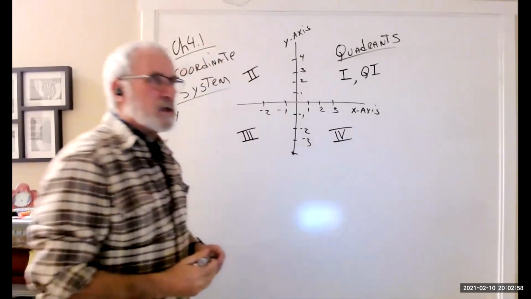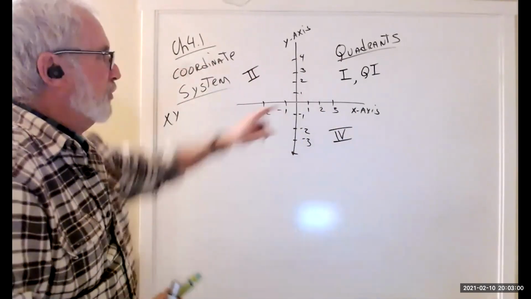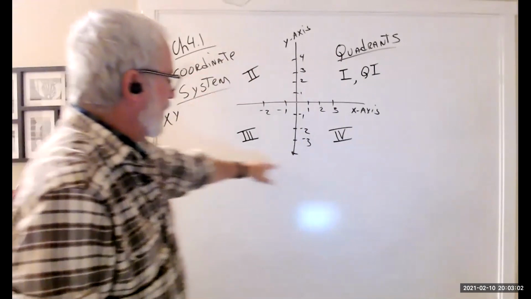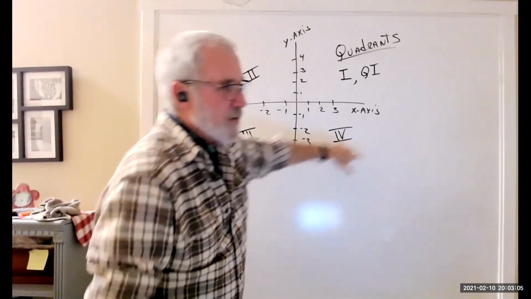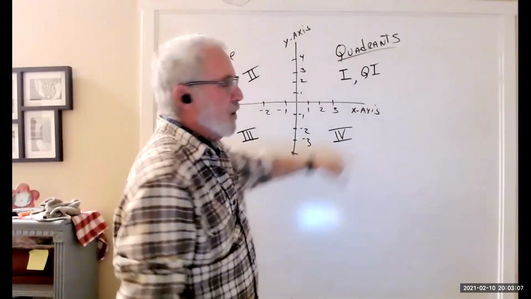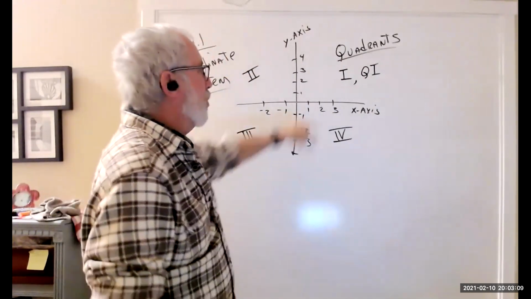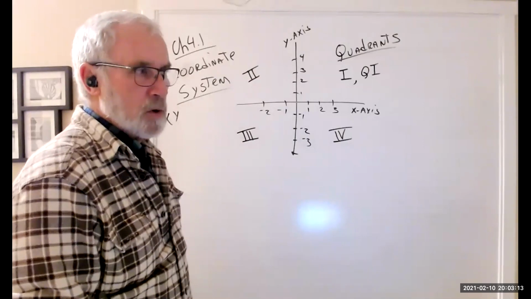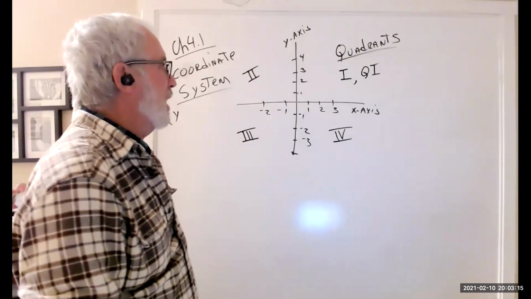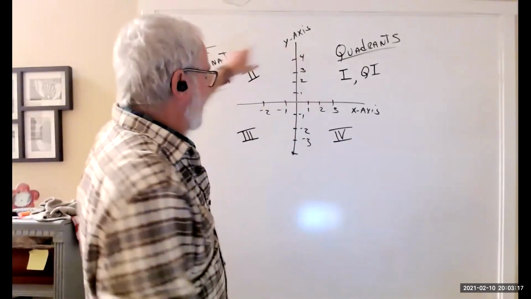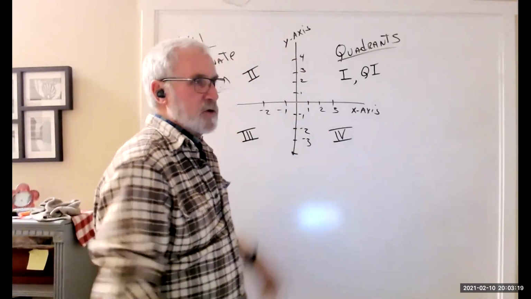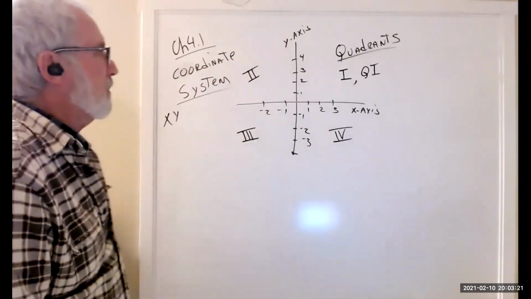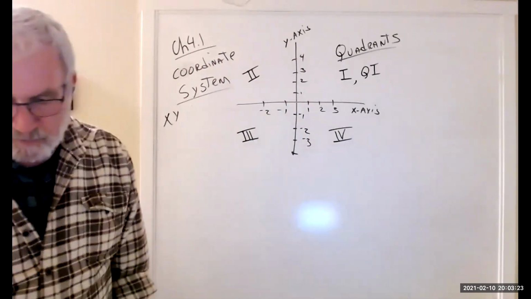And they're always labeled with Roman numerals, I, II, III, IV, and they're always labeled in this order. If you ask me why is this 1 and this 2, I haven't a clue. I really don't know why it labels in a counterclockwise direction. It just does. Okay, those are our quadrants.